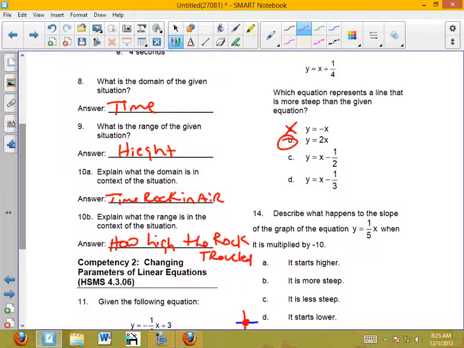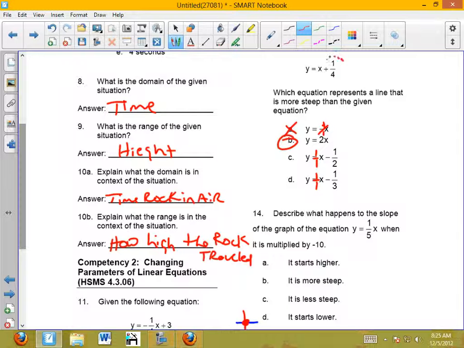What's my slope in C? No, that's my y-intercept. Negative 1 over 2, this is my y-intercept, guys. Remember, slope is the number next to the x. Slope is the number next to the x. So, all of these have the same slope as my original one except for B. That's why B is the right answer.